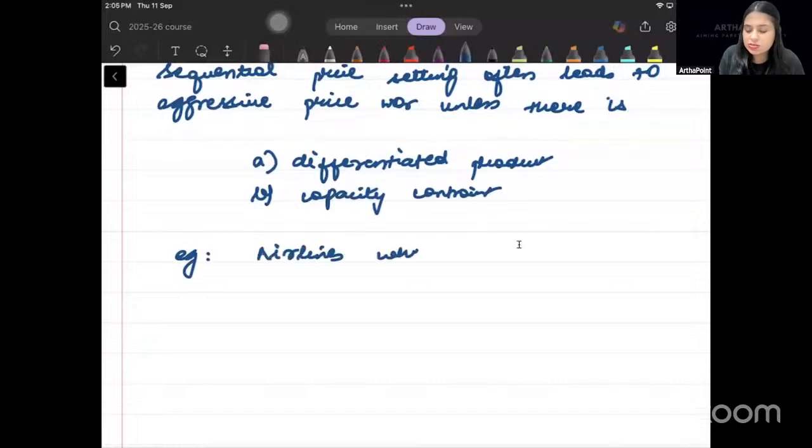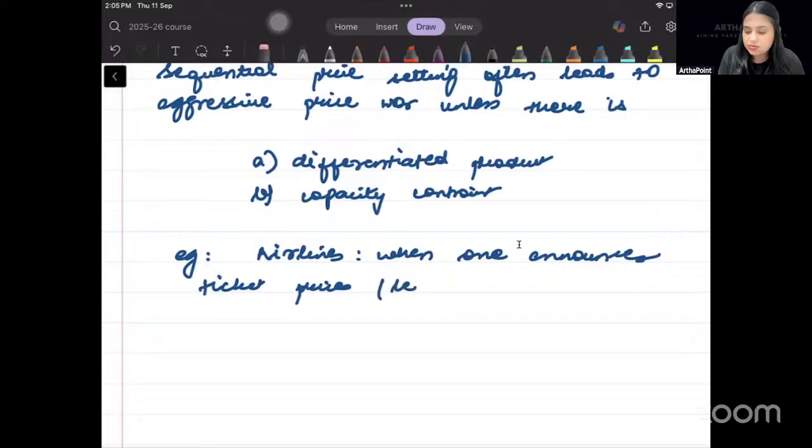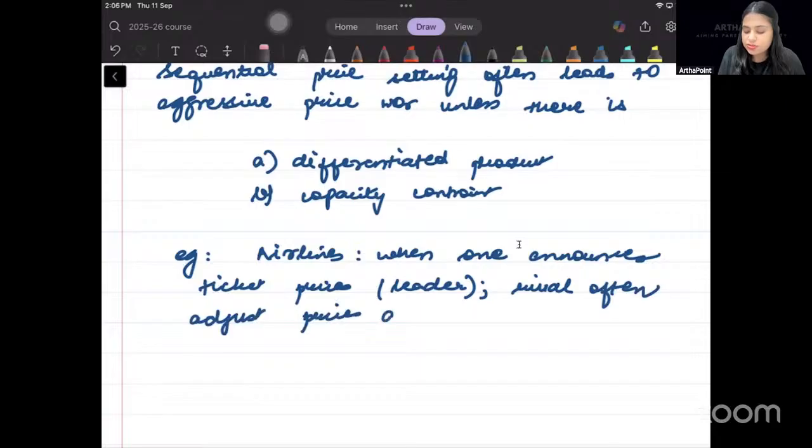airlines, when one announces ticket prices, rival often adjust prices afterwards, right?